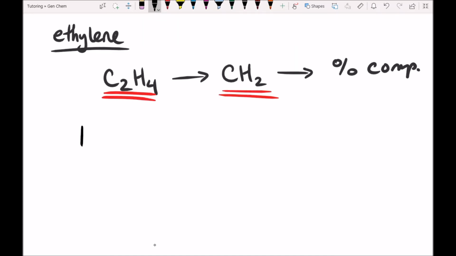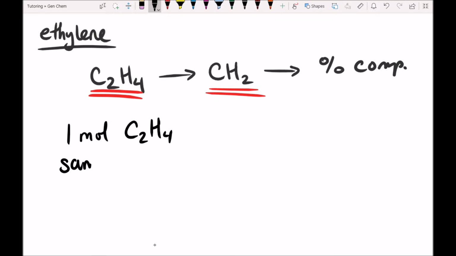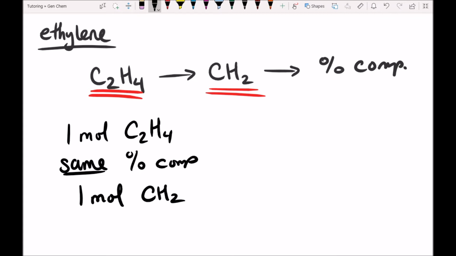So let's say we have 1 mole of C2H4, and we want to know the percent composition of carbon and hydrogen within ethylene. And so this is going to have the same percent composition as 1 mole of CH2. And here we're just using moles.